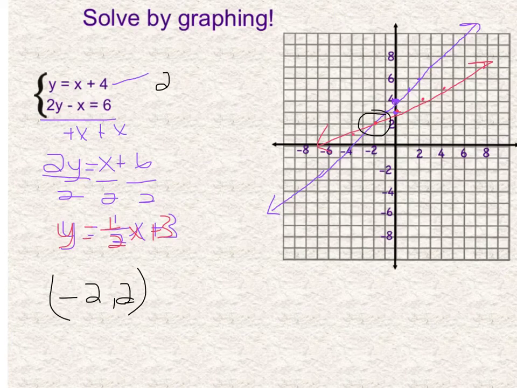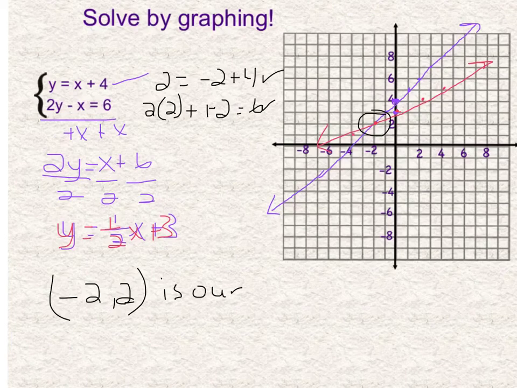So 2 equals -2 plus 4. It checks out in that one, but don't forget to check it in both. So 2 times 2 minus a -2 equals 6. 4 plus 2 is 6. It does check out. So (-2, 2) is our solution.